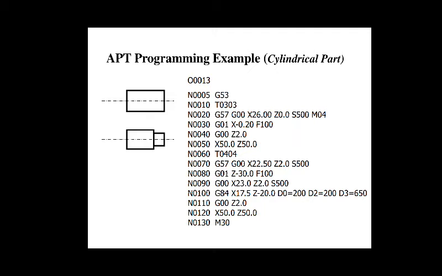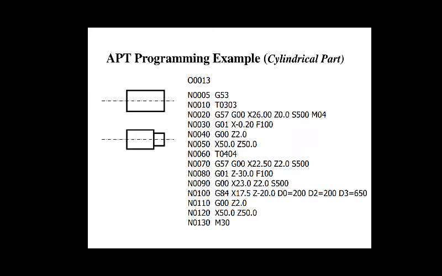Now the next block, N0050 X50 Z50, means go to a safe location away from the workpiece, X equal to 50, Z equal to 50, to change the tool. Now the next is N0060 T0404.